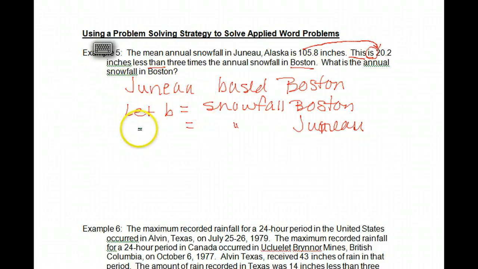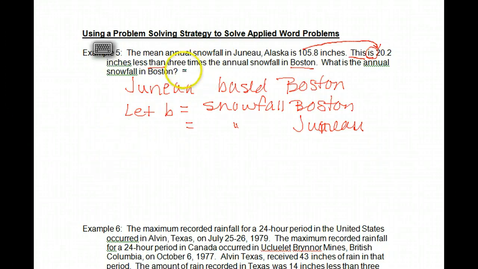So if we can write an expression in terms of B according to this information that represents Juneau, we will be able to solve for the snowfall in Boston.